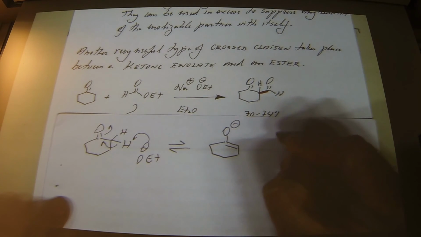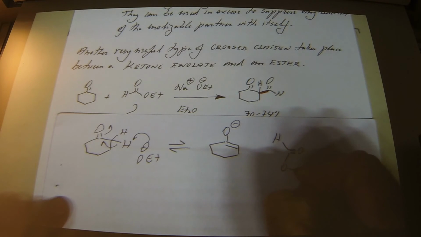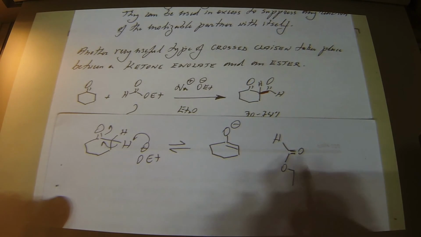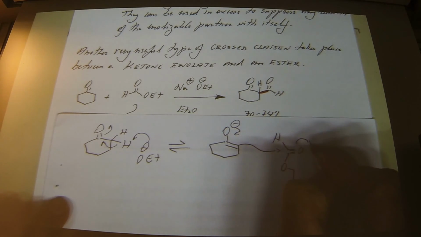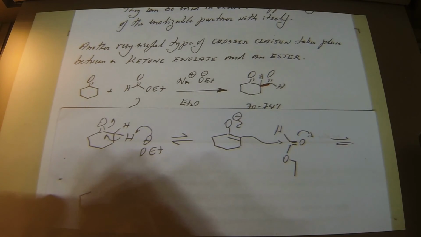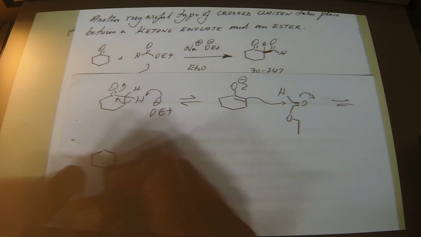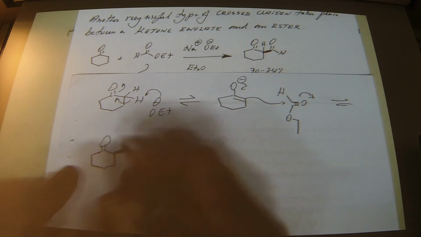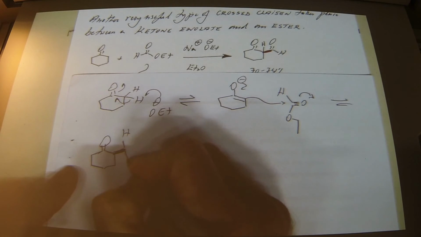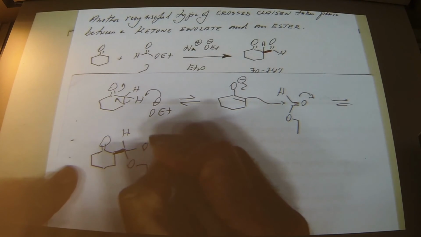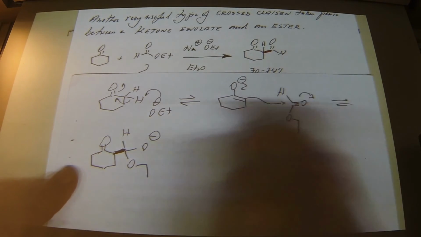Okay, now this is going to react with ethyl formate. Why? Because this carbonyl has a partial positive charge. And so I'm going to end up forming a tetrahedral intermediate from that process, with the formation of this bond, that one right there. There's the hydrogen, there's the ethoxy group, and there's the alkoxide that I got from here.